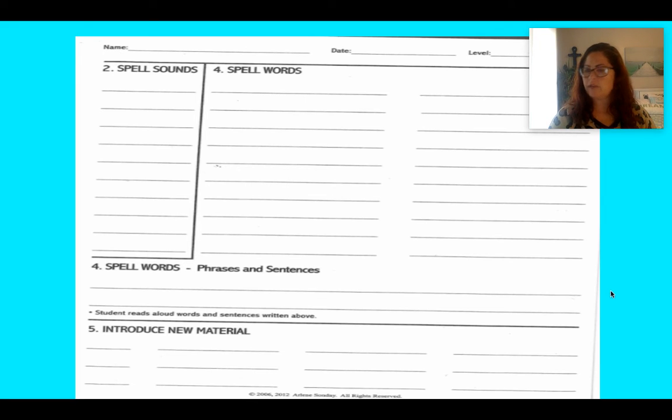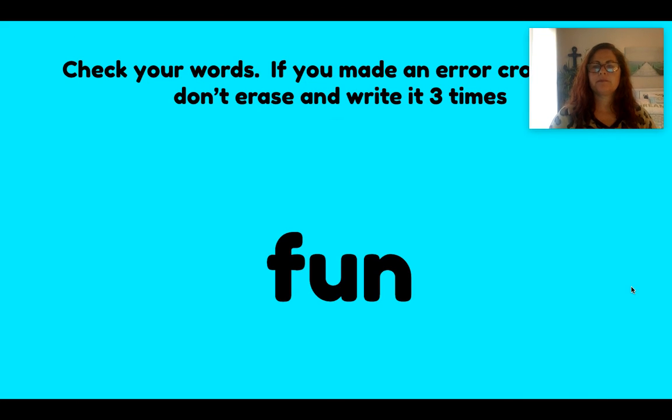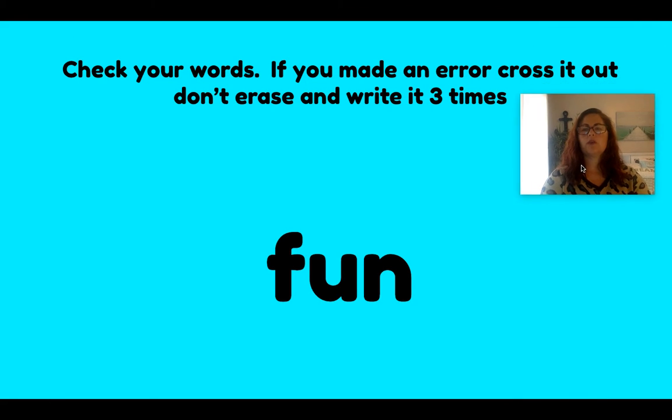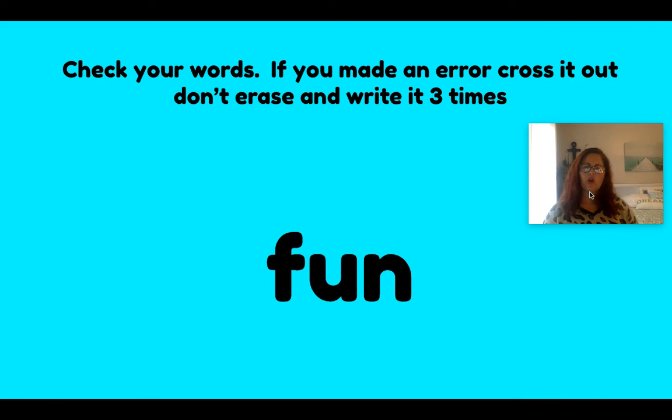Now we're going to check to see if you did them correctly. Now, you're going to check your words on your paper. If you made an error, just cross it out, don't erase. Then write it 3 times correctly for extra practice. First word, fun. If you did not have fun, make sure that you cross it out and write it correctly 3 times.